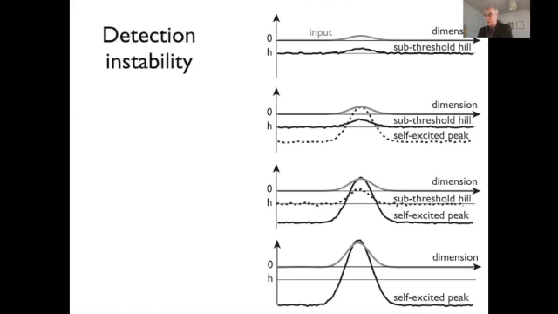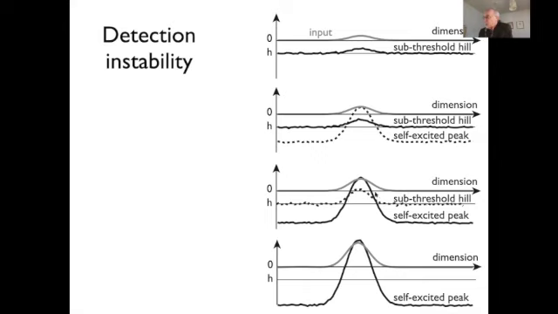So now I just want to expand on the detection instability a little bit to explain a little more of its psychophysical underpinnings. This is a picture from the book that just summarizes that again. So I have small input, only the subthreshold solution; a little bit larger input, I might have two solutions, the subthreshold, but already the suprathreshold. And then at the upper limit, the subthreshold becomes unstable.